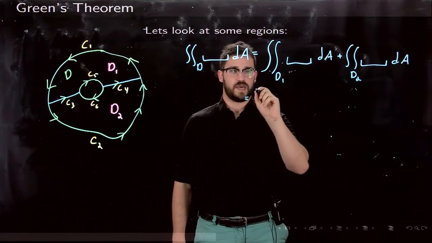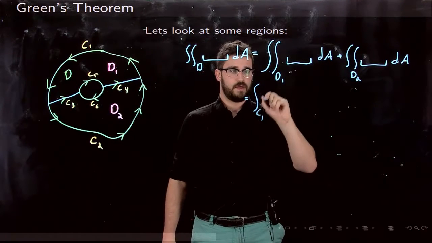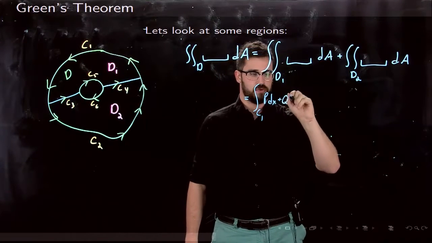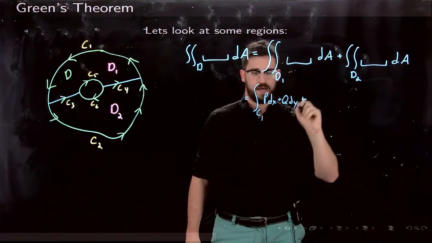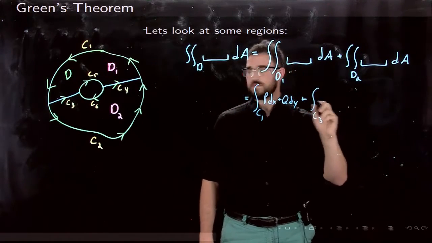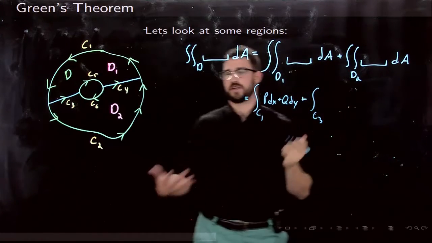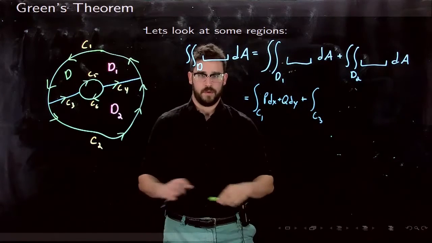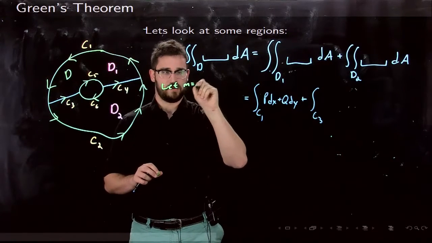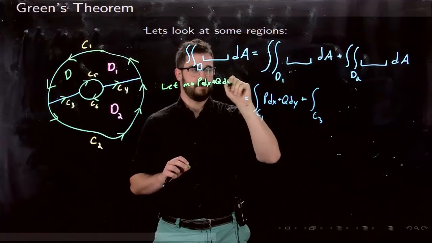And we are going to get the integral of C1 of P dx plus Q dy plus C3 of P dx Q dy, which I'm just going to call from now on M. Let M equal P dx plus Q dy.